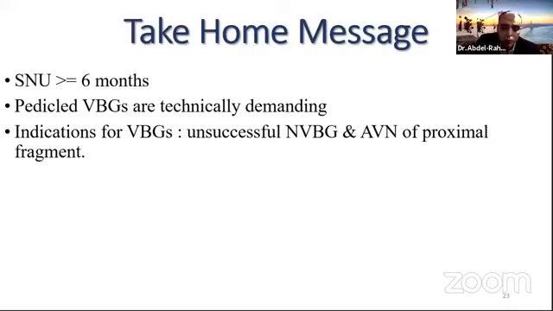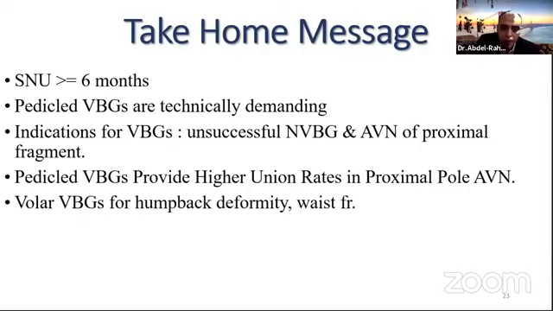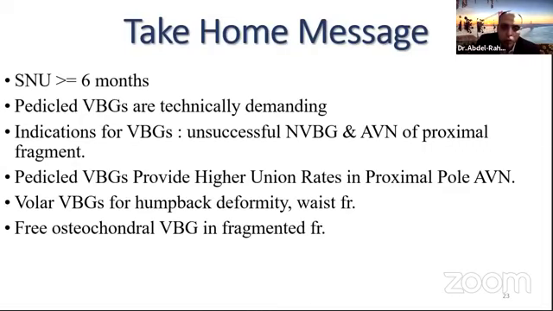The indications for them are unsuccessful non-vascularized bone grafts in scaphoid non-union or avascular necrosis of the proximal fragment. Pedicled vascularized grafts provide higher union rates in proximal pole AVN. The volar vascularized bone grafts are used for humpback deformity or waist fracture. Free osteochondral vascularized bone grafts can be used in fragmented fractures.